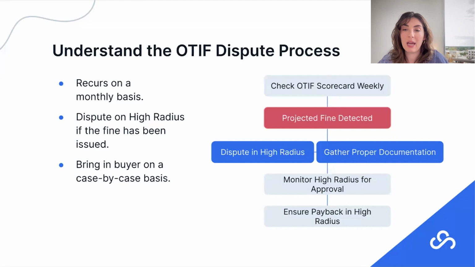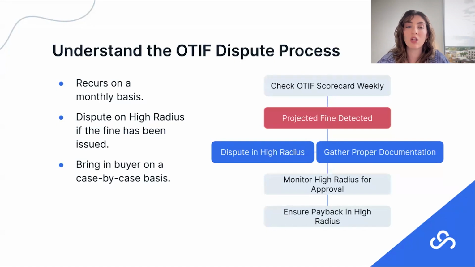And if you had a major issue, you could go to your buyer. Really now it's completely within High Radius, and that's not a time that you would ever pull your buyer in, because you do have your OTIF scorecard, which you should be checking weekly to see some of those projected fines, and then you can dispute those in High Radius.